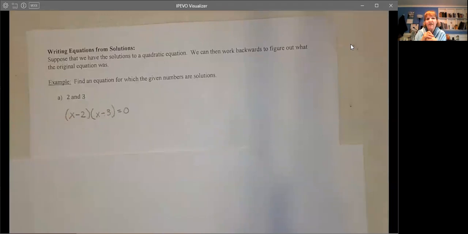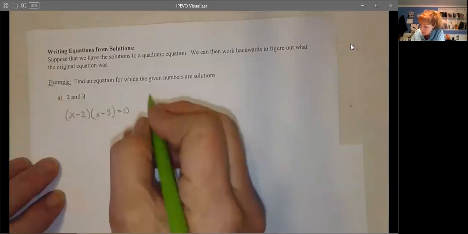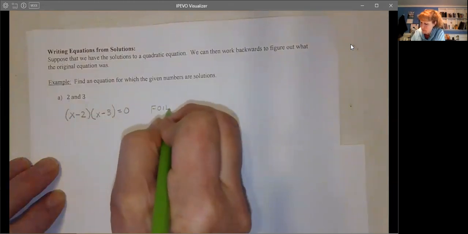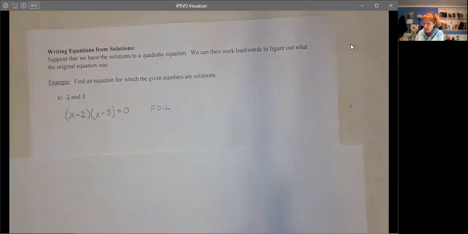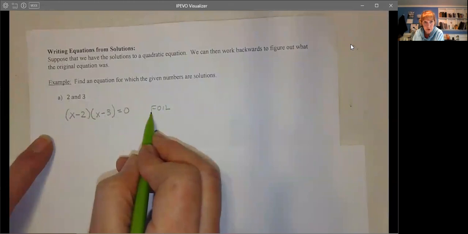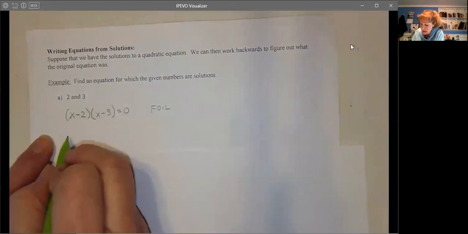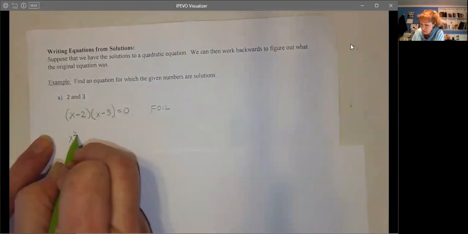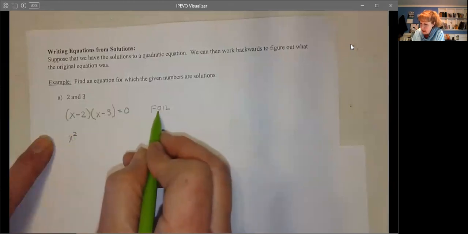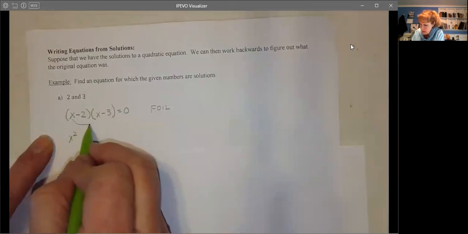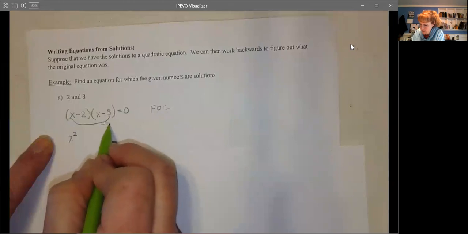Now, let's go ahead and finish using our FOIL method. So we'll take our FOIL, just get a good review. We have a final coming up, doesn't hurt. The first times the first. X times x is x squared. Then the outside and the inside. -3x.